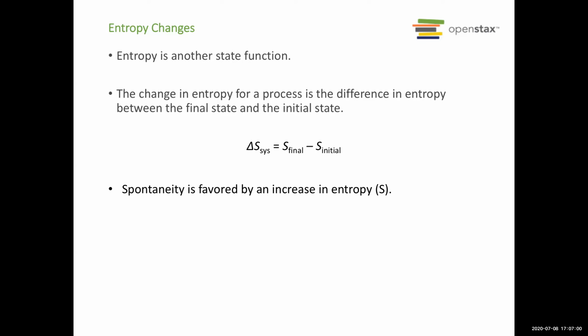And spontaneity, as I mentioned before, is favored by an increase in entropy. So if the delta S is positive for a chemical change or chemical process, that's going to favor a spontaneous process.